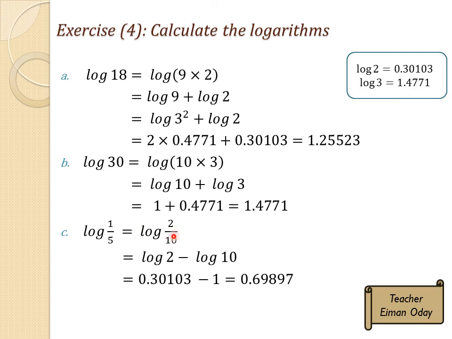Then, when we divide numbers, we subtract logarithms. So logarithm 2 minus logarithm 10. This is 10 to base 10 and equals 1. And logarithm 2 is given to us, 0.30103, minus 1, and the answer is negative 0.69897.